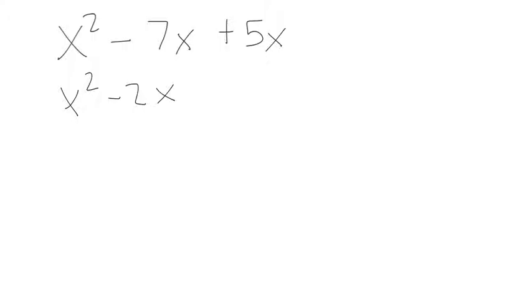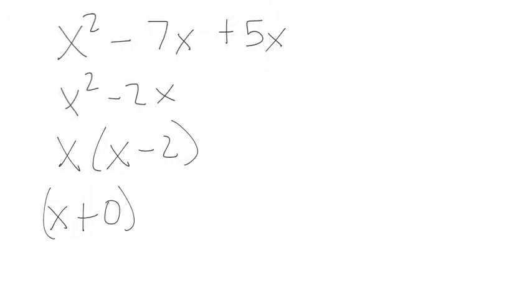Then when it comes to factoring this, you go back to factoring the polynomial way. What's the common factor between this term and this term? The GCF would be the x, right? So we pull out the x, and we would get x times (x minus 2).